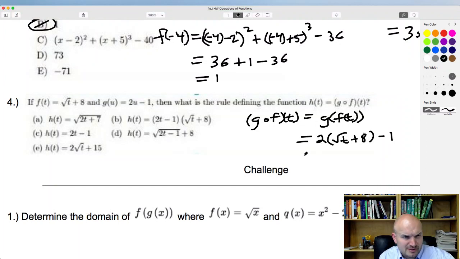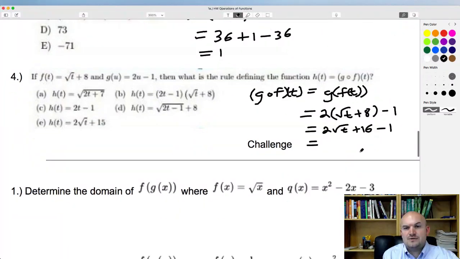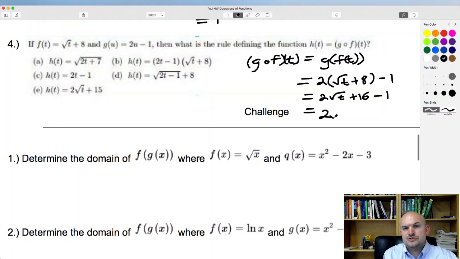And now you can distribute that if that happens. Doesn't look like my answer is there. So therefore I can distribute this. 2 square root of t plus 16 minus 1. And now I can see my answer, 2 square root of t plus 15. And therefore that's going to be answer E.